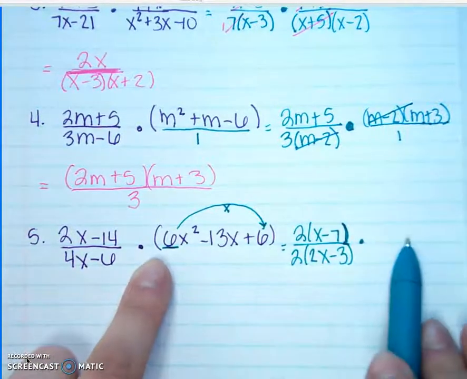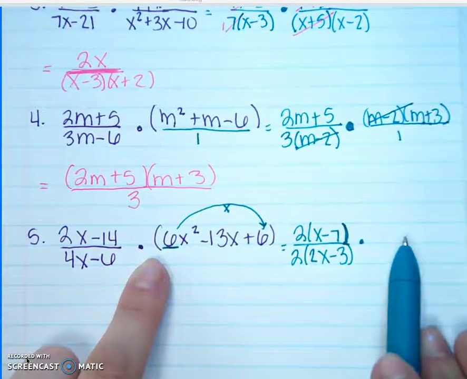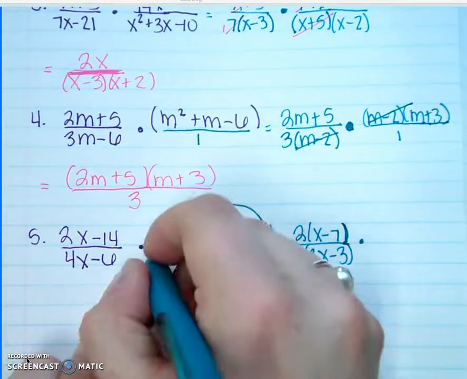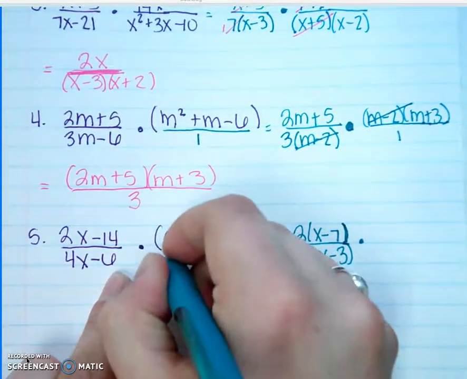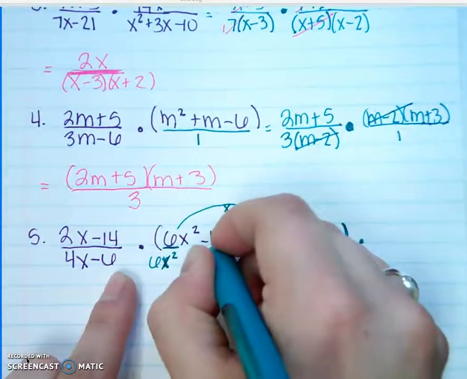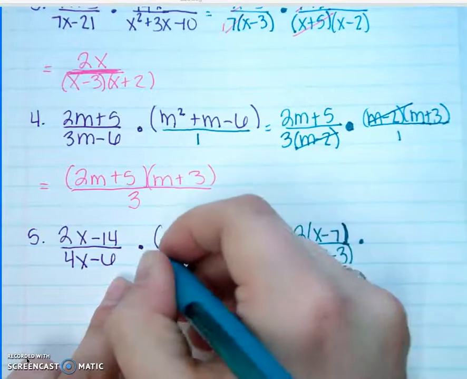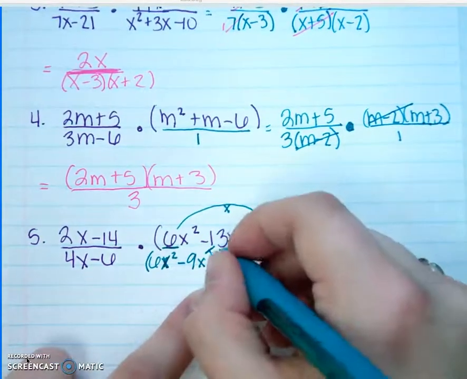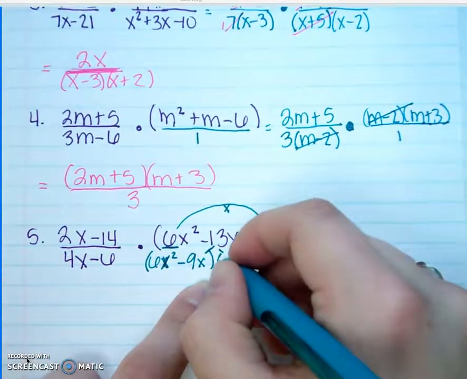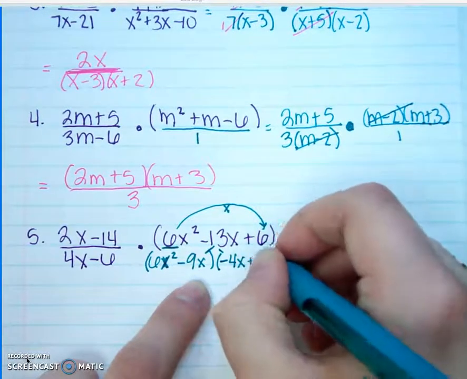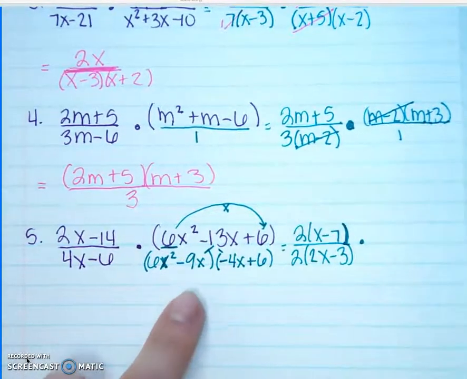Remember, I can't just put x minus 9x plus 4 because I need to separate and factor further. So I have 6x squared, and then this negative 13, I'm going to pull out a 9x there. And then it's times negative 4x, and then bring down that plus 6.